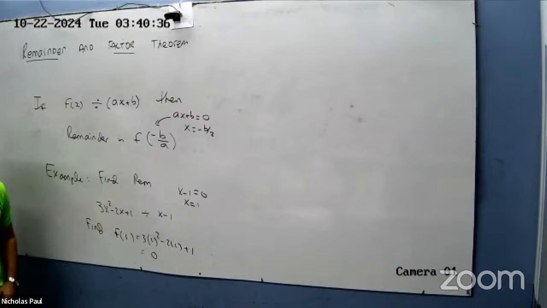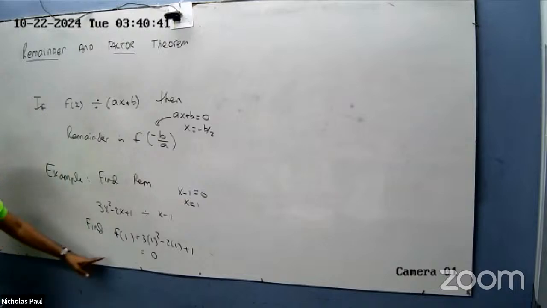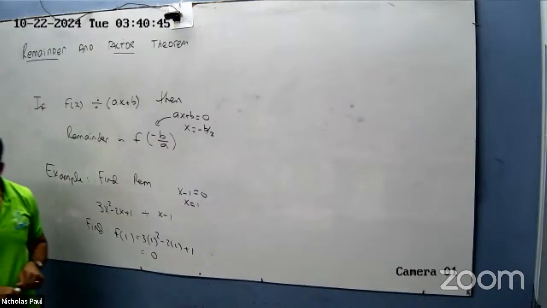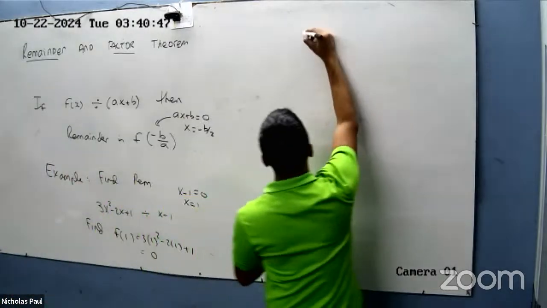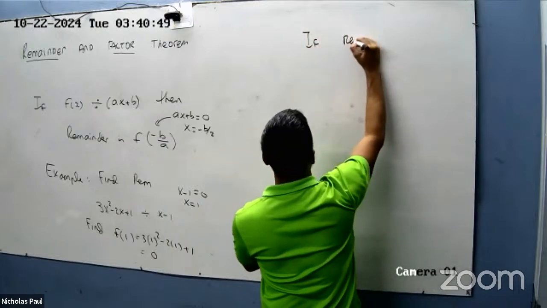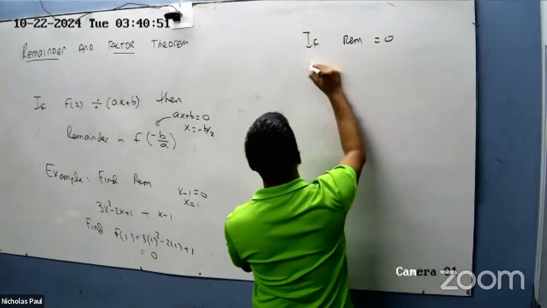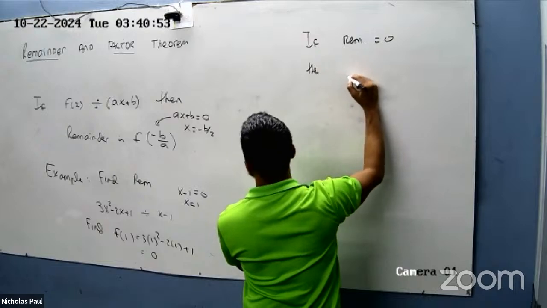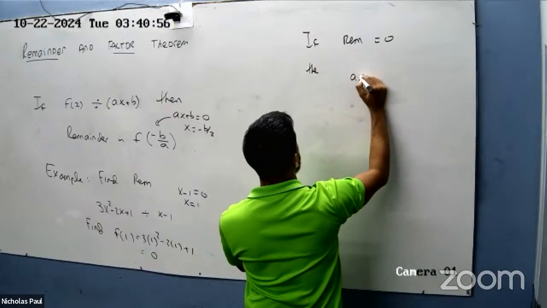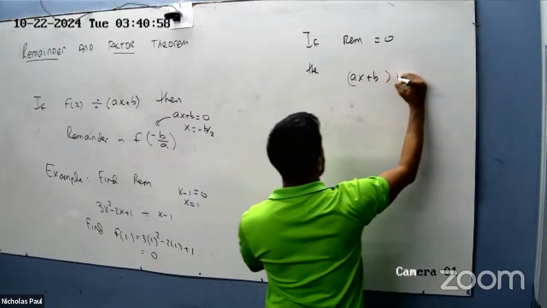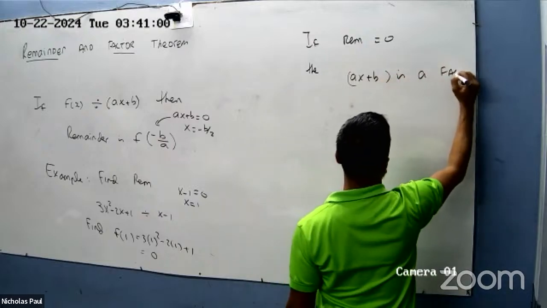But what happens when the remainder is 0? What does that mean? If the remainder is equal to 0, then ax plus b is a factor.